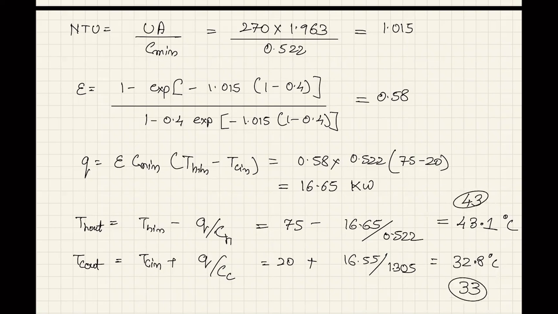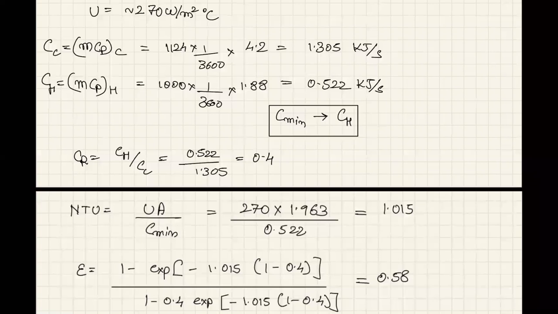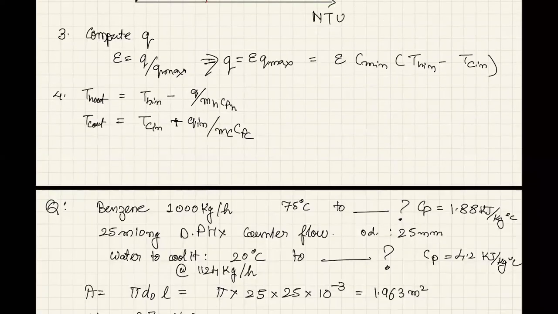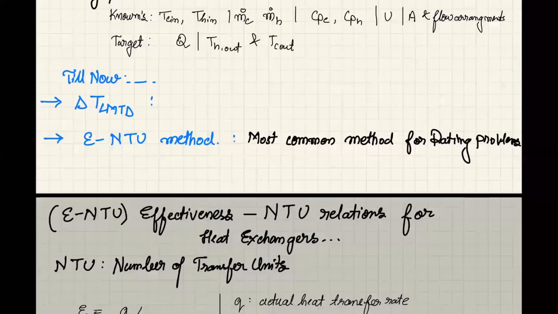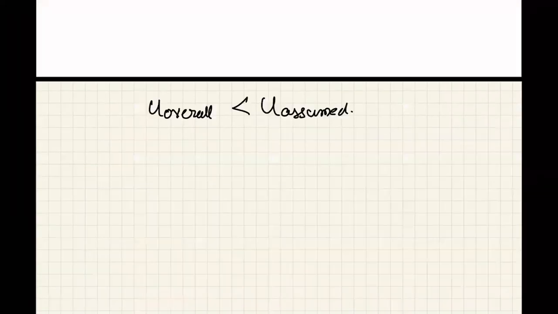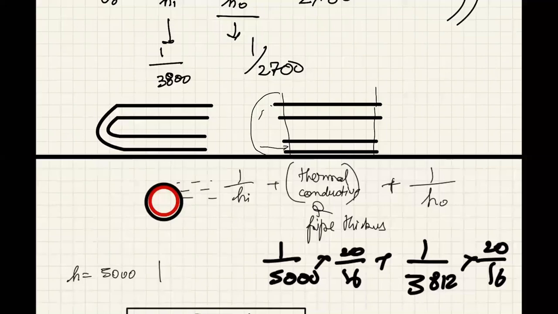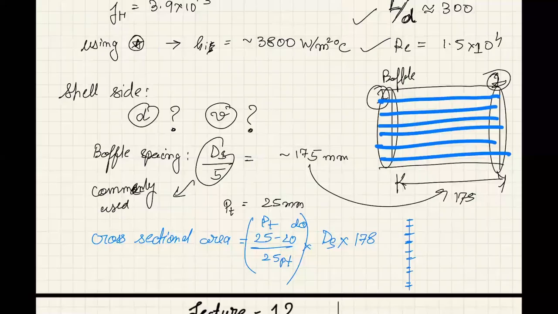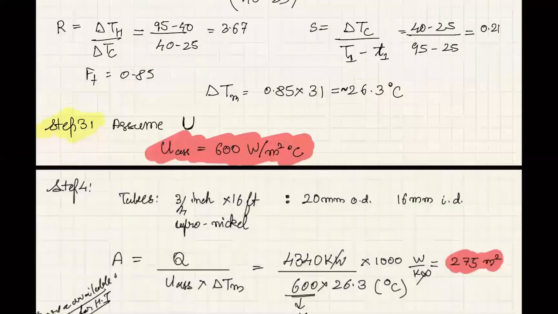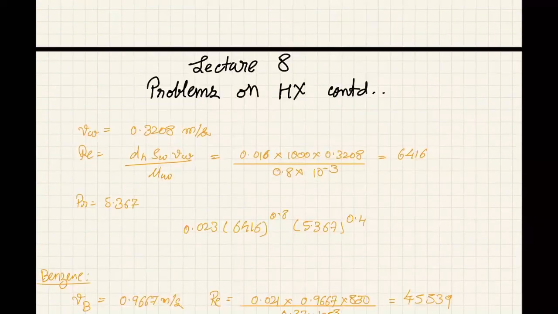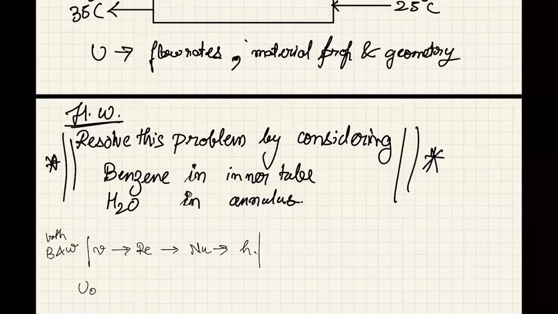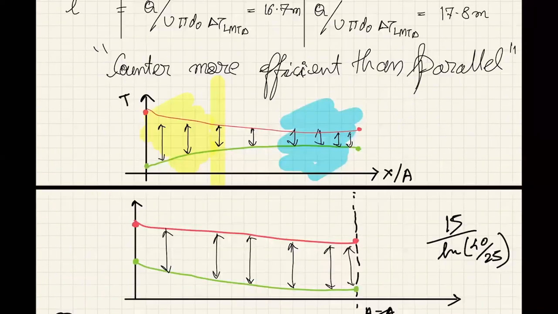for the very first problem that we had in our class, in that problem what I had given you was, let me go to that problem, that will be great. What was the lecture number? Just a second. Future problems on heat exchangers, all this problem considering, yeah, somewhere here.